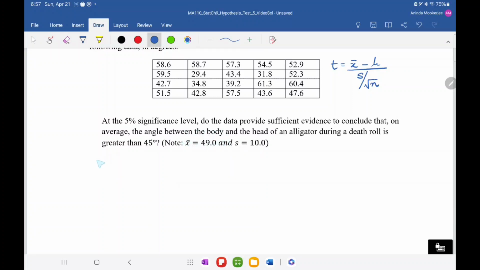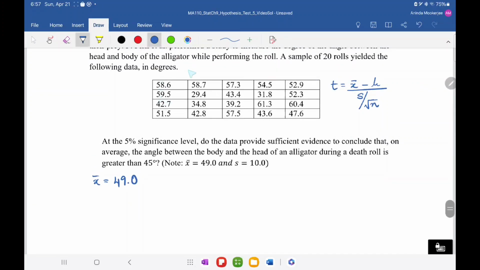All right, so x bar equals 49, x bar being the sample mean, and that was really calculated by adding up all these 20 data points and dividing by n, which is 20, correct? That's how we find our sample mean.